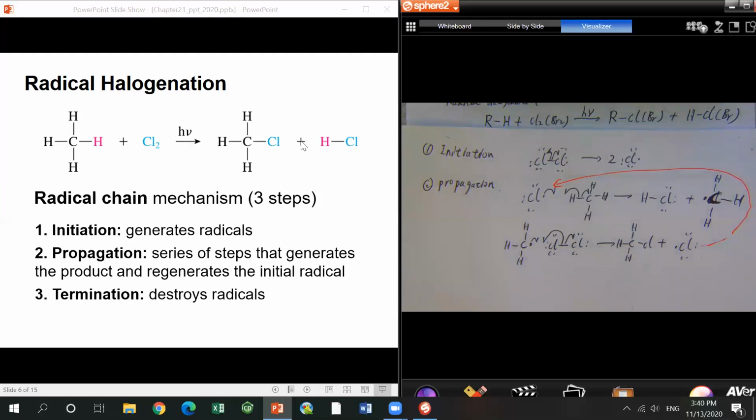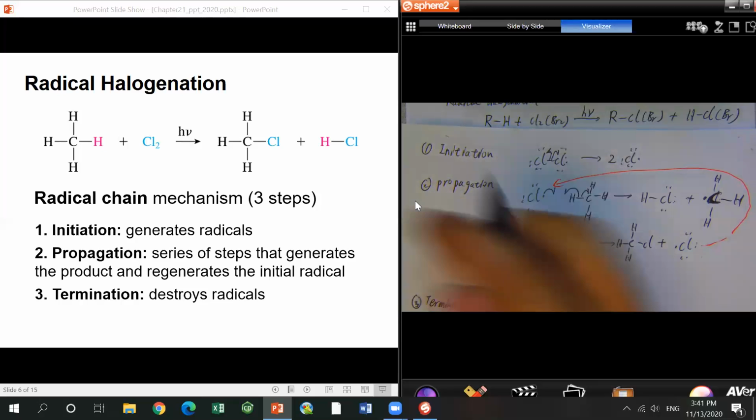Okay, and then once most of the methane and also chlorine molecules are consumed, we leave a little bit of space here, and then we move to the termination stage. For termination, we just quench all the radicals.